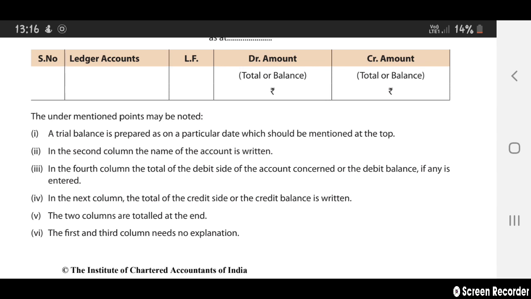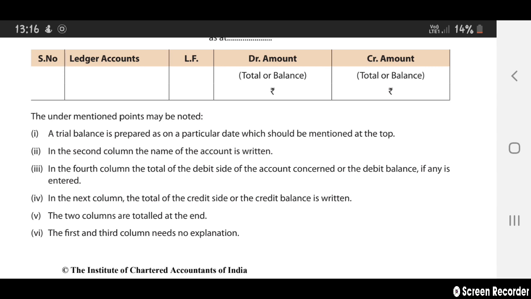A trial balance is prepared as on a particular date, which should be mentioned at the top. So at the top you have to mention the date on which you are preparing this trial balance. In the second column, the name of the account is written.